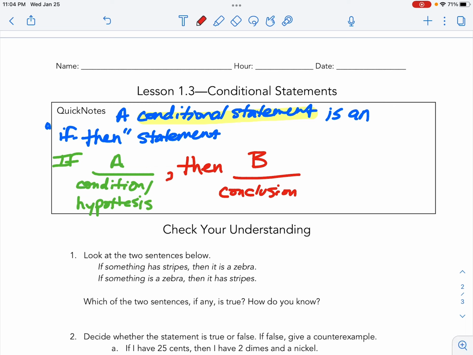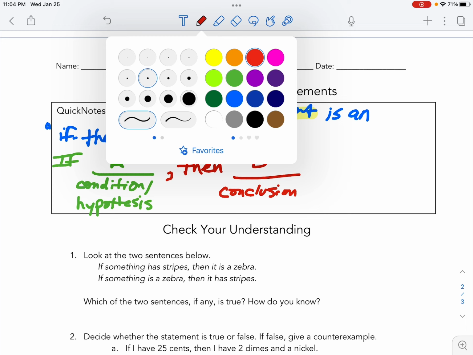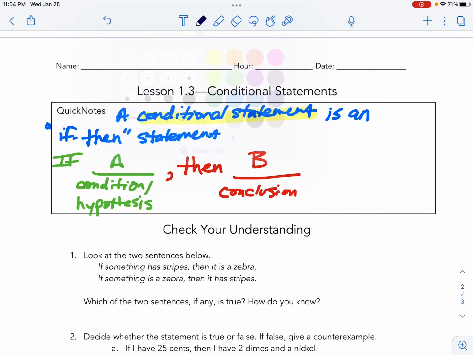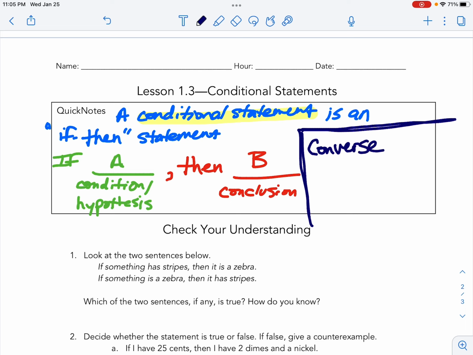We also want to talk about this other concept that joins us here for the first time, which is a converse, which you might have noticed the Converse shoes at the beginning of this Nearpod. The converse is the reverse of a conditional statement, where we have the conclusion in the front half and then the condition or the hypothesis second.